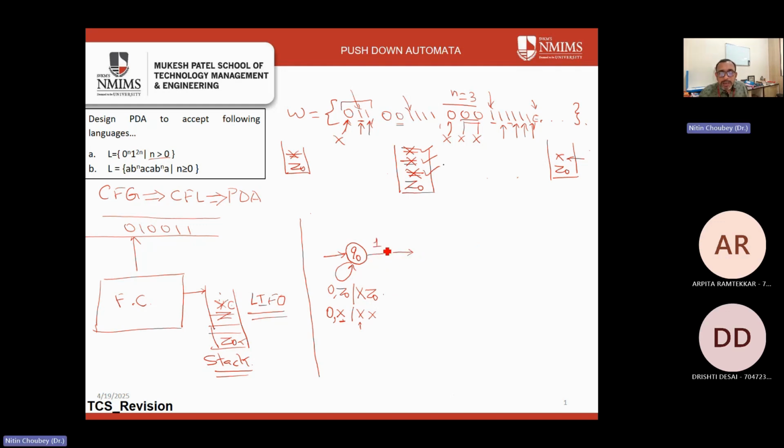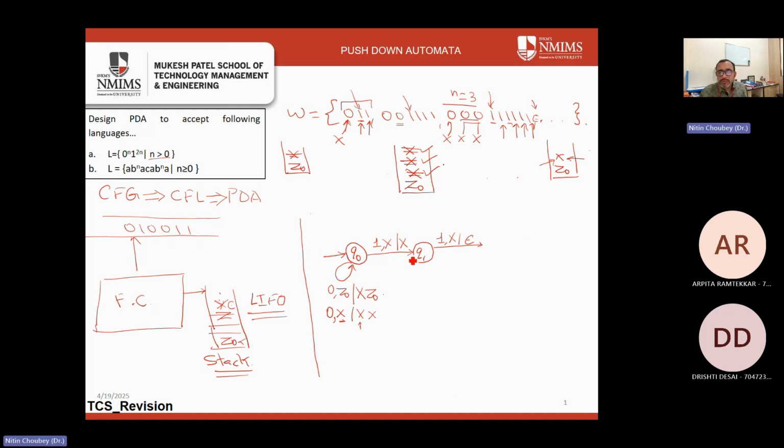If we get 1, it is natural that we will have X as the stack top. For the first one, leave X as it is, and move to Q1. For the second one, whenever we get 1 on X, pop that X from the stack.